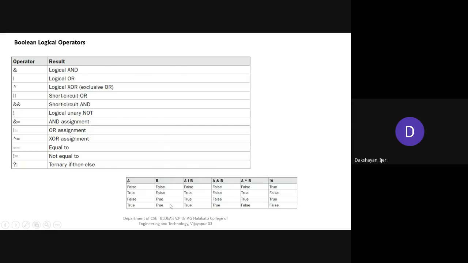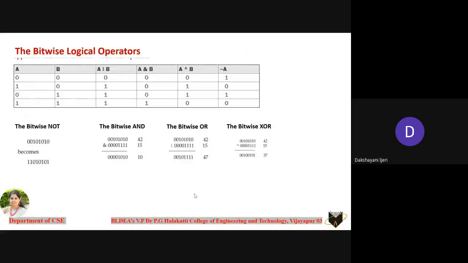Now the behavior of these operators, that is OR, AND, exclusive OR and unary: in the earlier cases with the bitwise operators, we discussed it with zeros and ones, where 0 indicates false, whereas 1 indicates true.